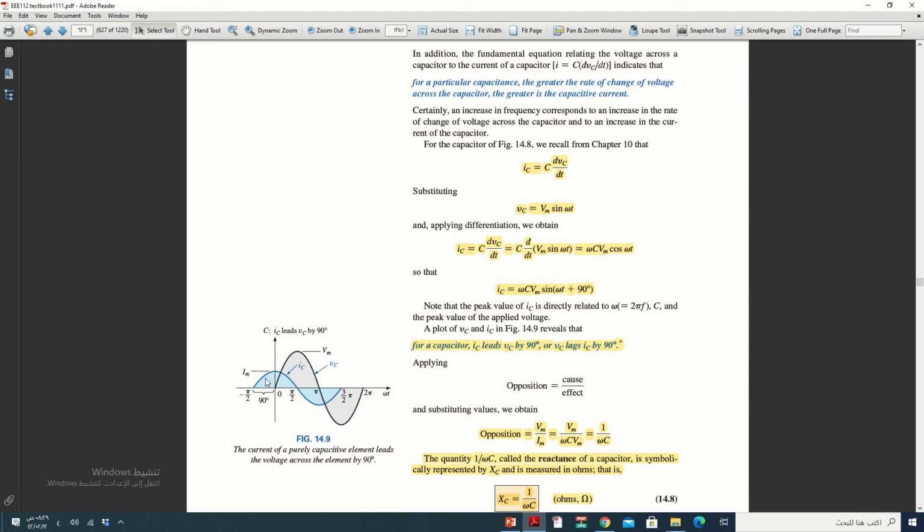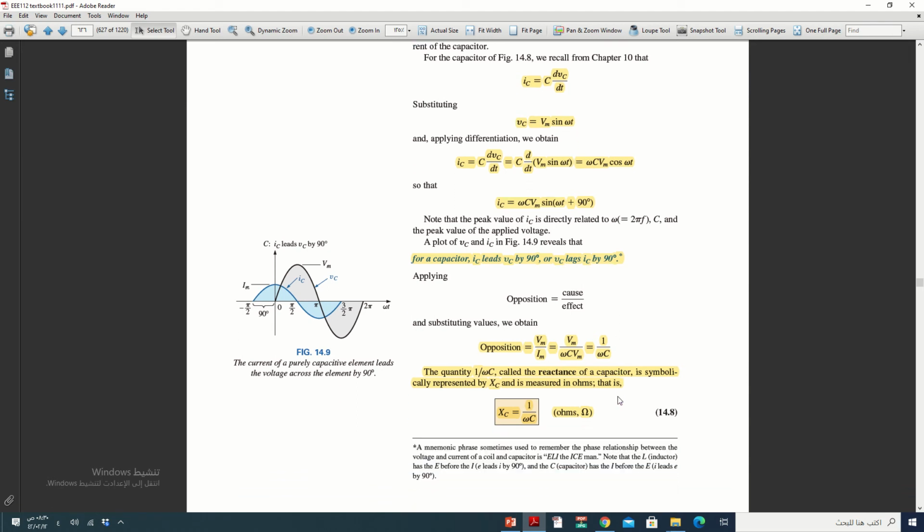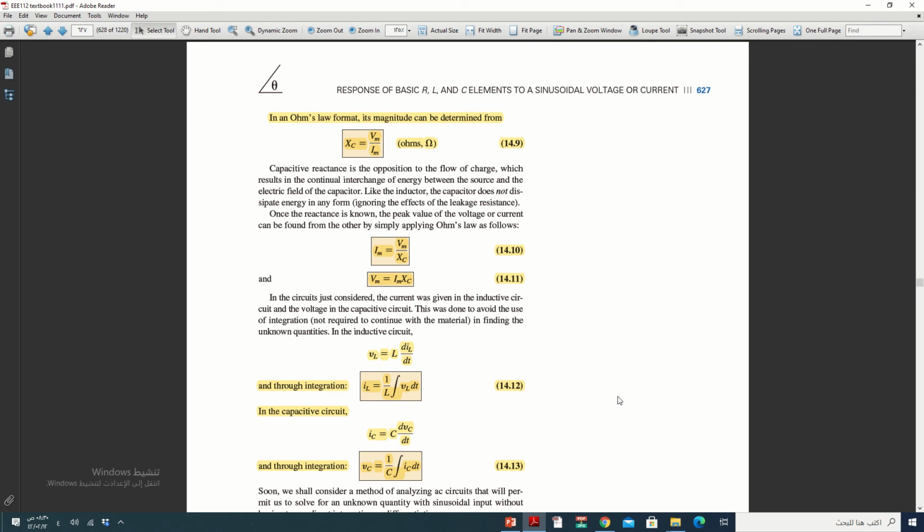This means the current leads the voltage, or the voltage VC lags IC. It is written here for a capacitor: IC leads VC by 90 degrees, or VC lags IC by 90 degrees. It is similar here.